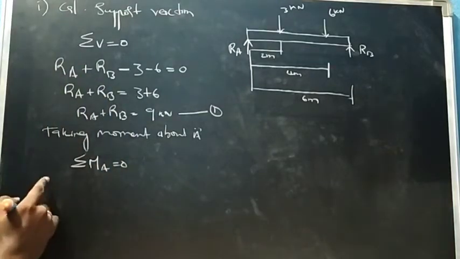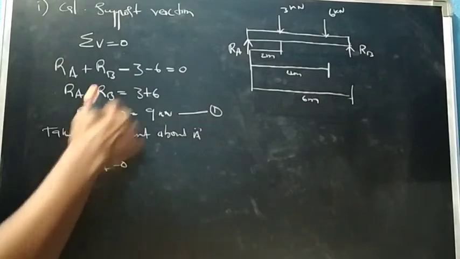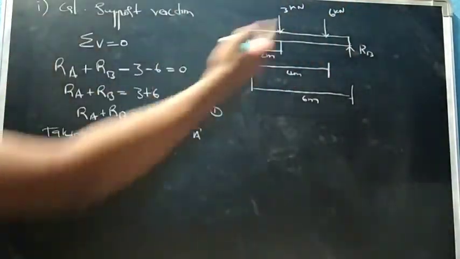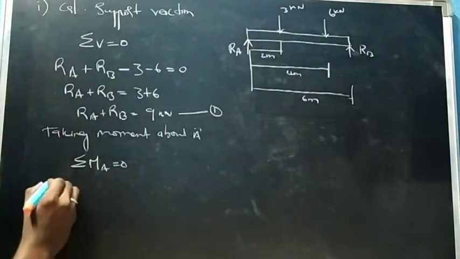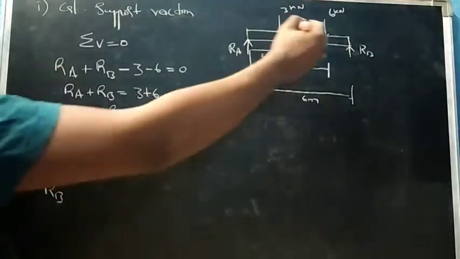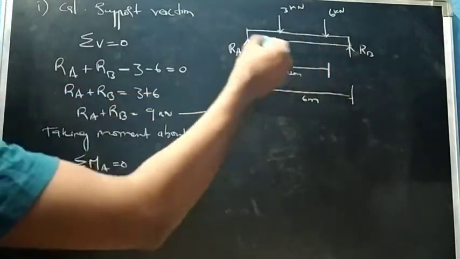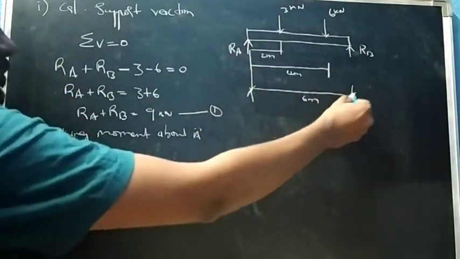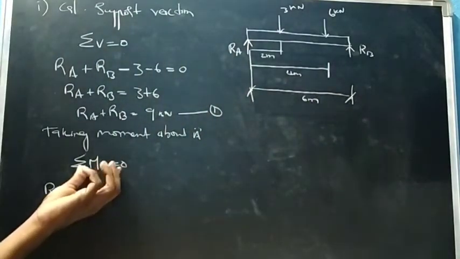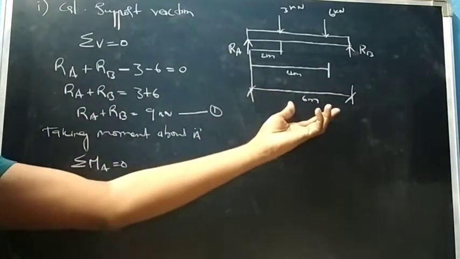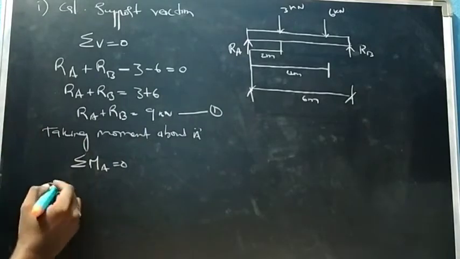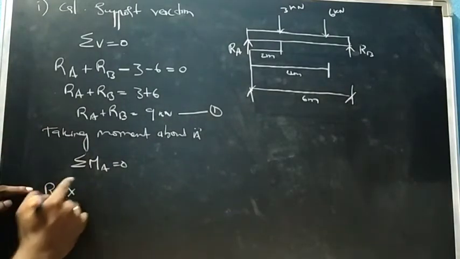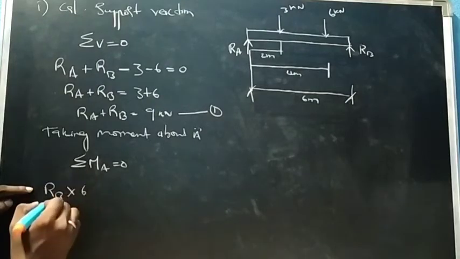I am taking moment at A, so you have to come from the right to left. What is there in the right? That is RB into perpendicular distance. What is the perpendicular distance till RA? Because we are taking moment at A, the total distance is 6. That is reaction into perpendicular distance 6.